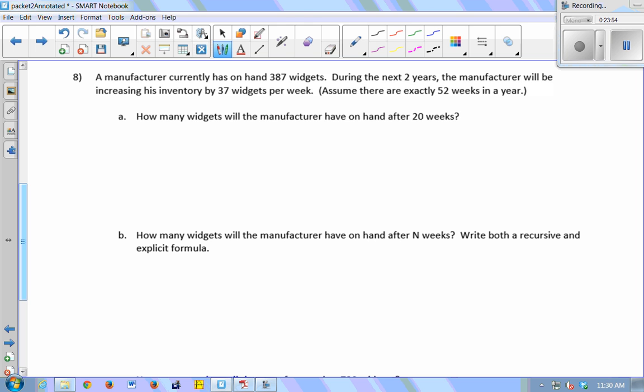So you might store all the things that you make and hold them until you can get a better price. So this manufacturer currently has 387. He wants to increase his inventory by 37 widgets a week over the next 2 years. We want to know how many widgets the manufacturer will have on hand after 20 weeks and n weeks.